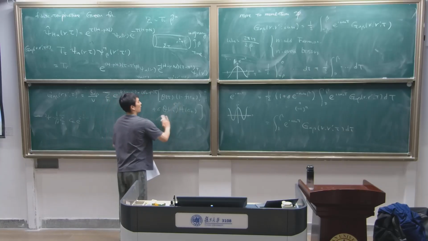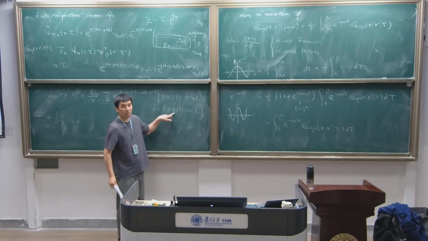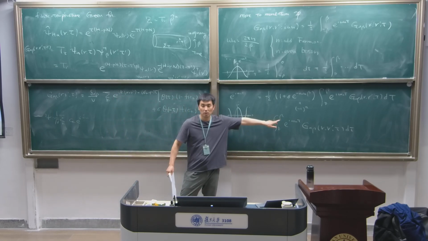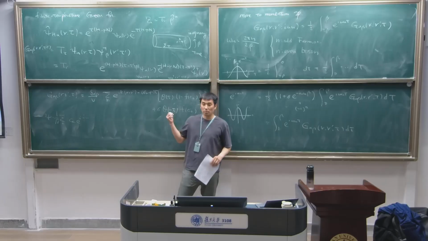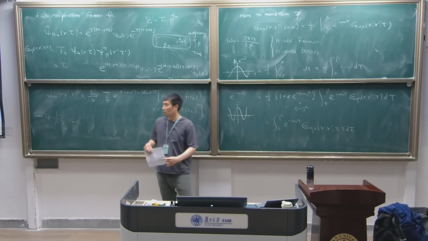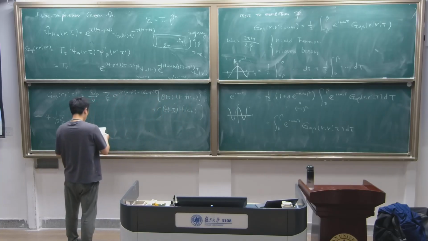This is the minus part, right? If it is negative, it contributes. But if you plug this one into here, this term does not contribute because 0 to beta is positive anyway. So just consider the first term and do the integration.